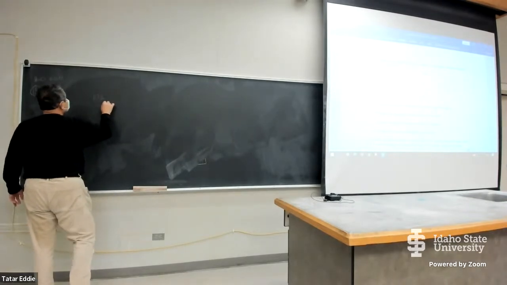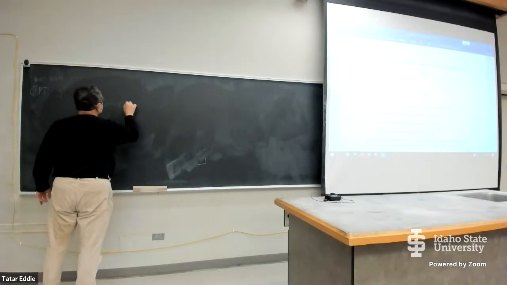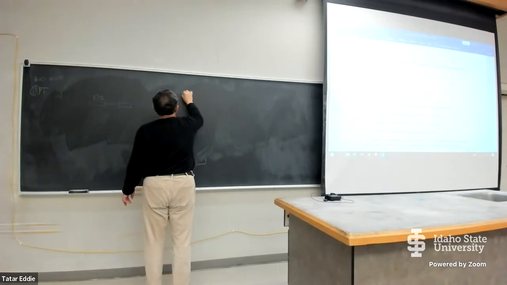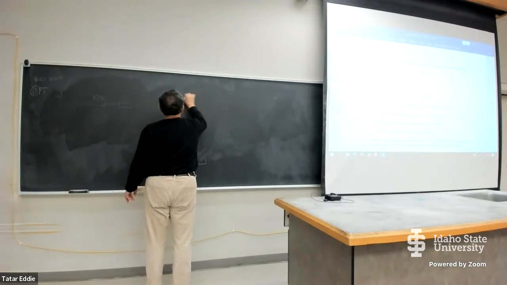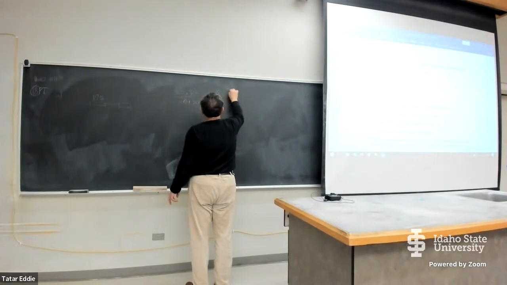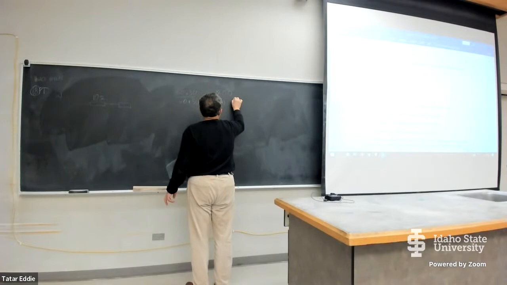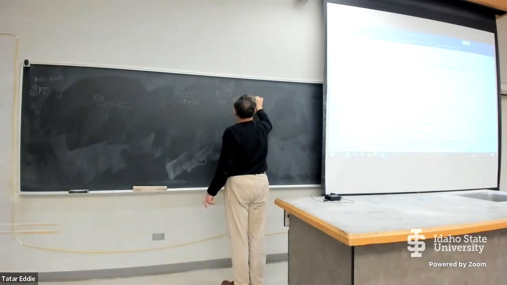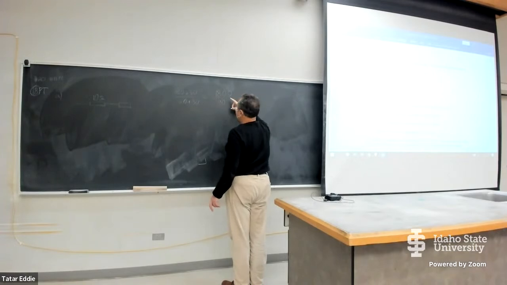And the result of this combination is going to be 60 multiplied by 30 divided by 60 plus 30. So this is 1800 divided by 90, which is equal to 20 ohms.